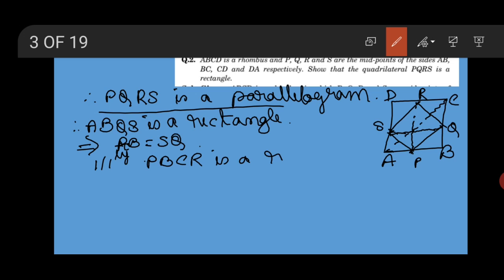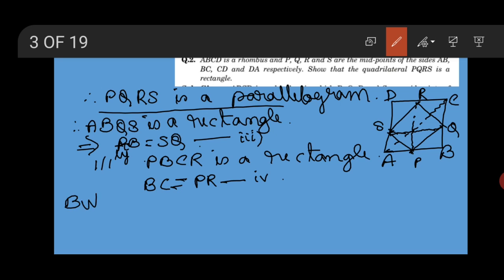Similarly, PBCR is also a rectangle, because R and P are the midpoints of CD and AB respectively. Therefore, what are equal? PR is equal to BC. Write down BC is equal to PR. Take this as equation number 3 and this as equation number 4.